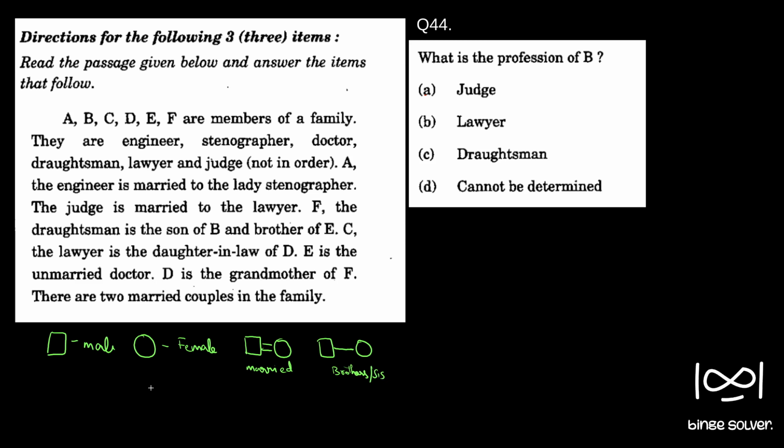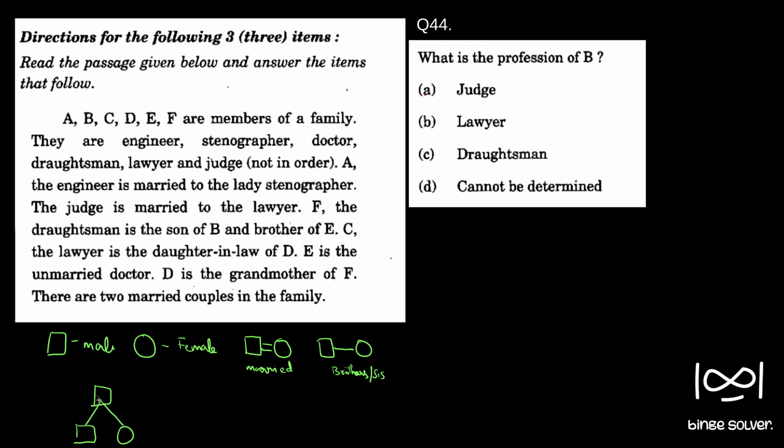To denote a parent-child relationship, I will use a line like this. If you see a drawing like this, it means this is the father, this is the son, this is the daughter.